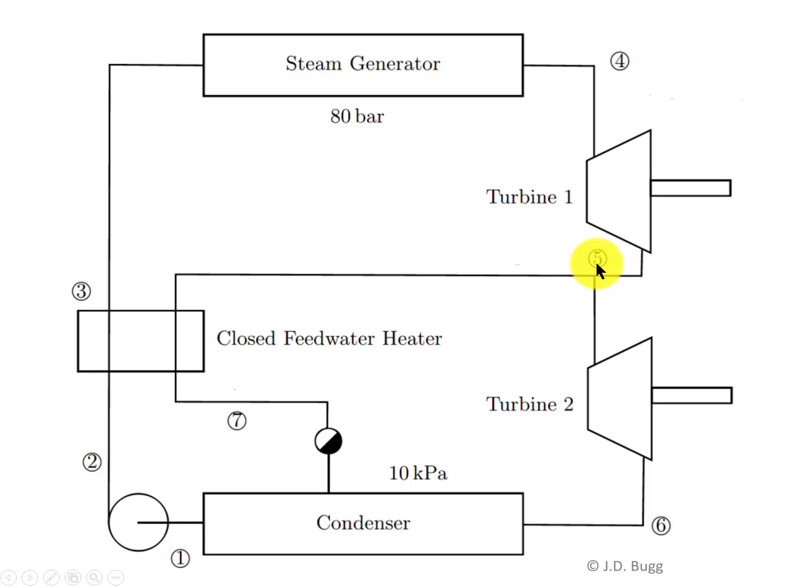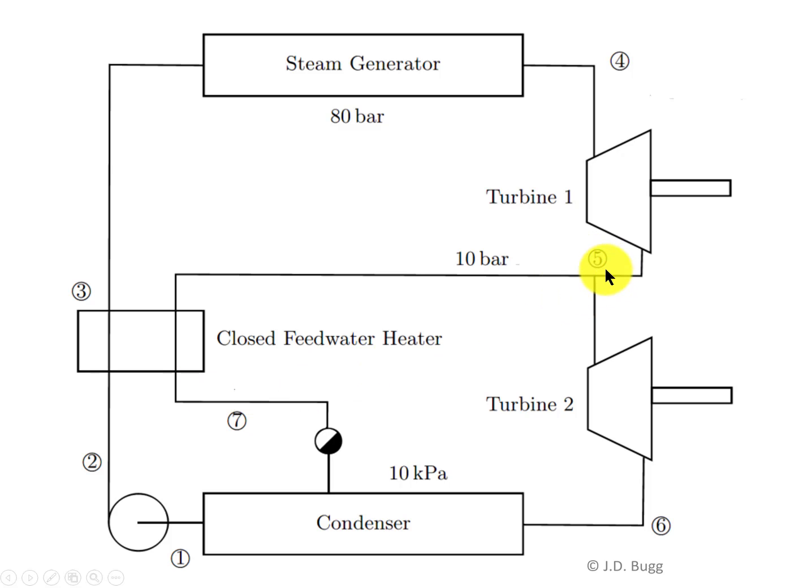The extraction point here is at 10 bar. Notice that's an intermediate pressure between 10 kilopascals and 80 bar. So all of this piping from the exit of the first stage turbine into the second stage turbine and through this side of the closed feedwater heater is at 10 bar.